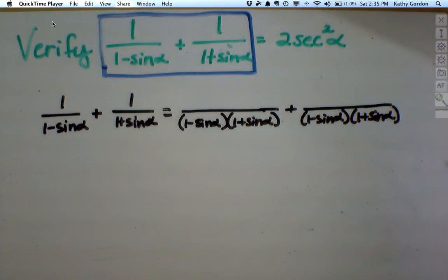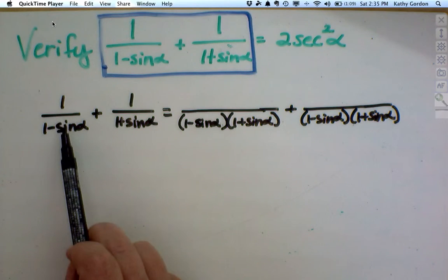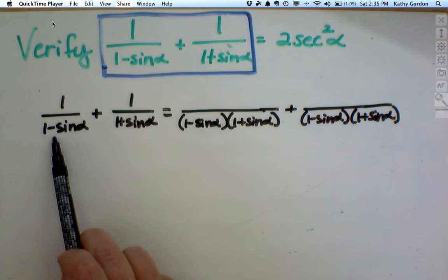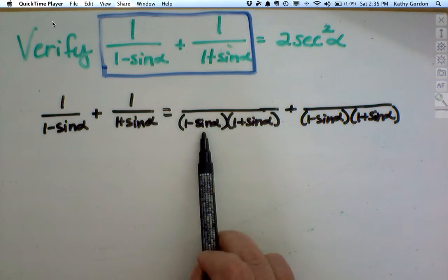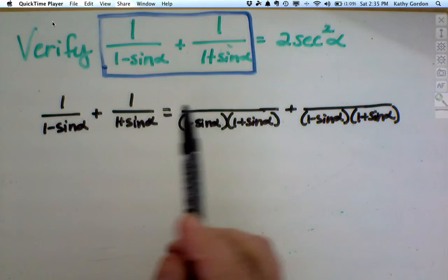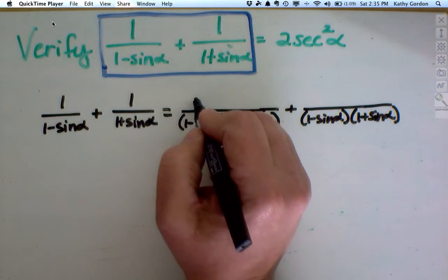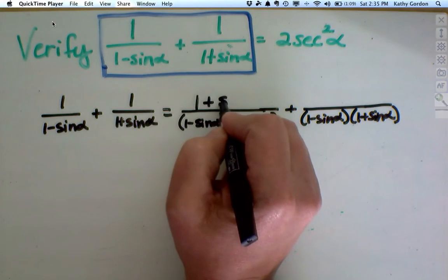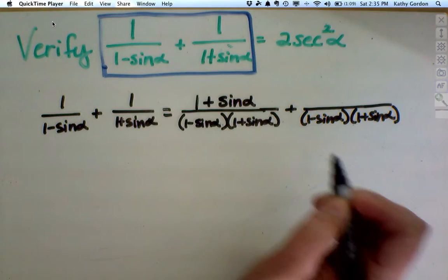Okay, so in my first fraction, if I already have 1 minus sine alpha, then what I need to multiply by is the 1 plus sine alpha. So taking that times the 1 that was in the numerator is just going to give me a 1 plus sine alpha.